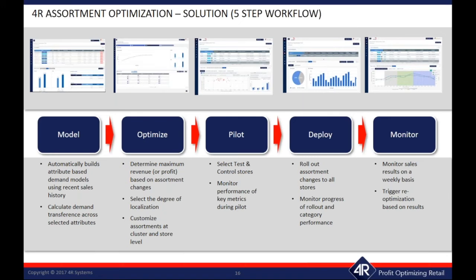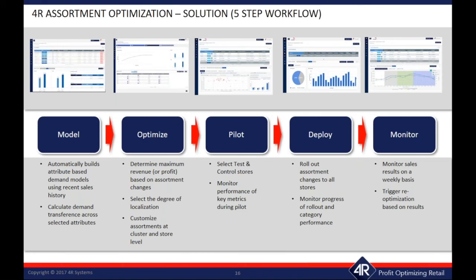We run our algorithm, and they provide you with that demand estimation. We then optimize based on, now that we've got those models built, determine the levels of either localization, proliferation, what's the right strategy that can be done by retail personnel or in addition with 4R personnel helping.